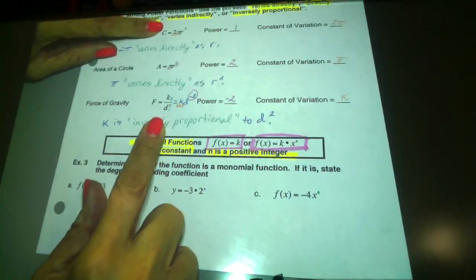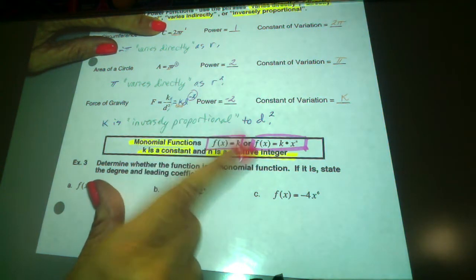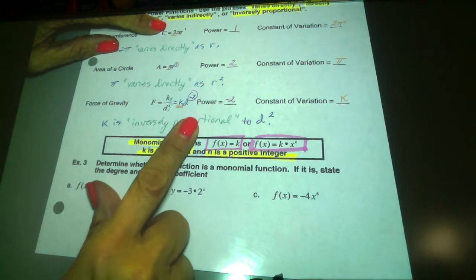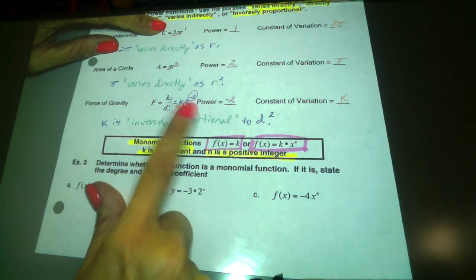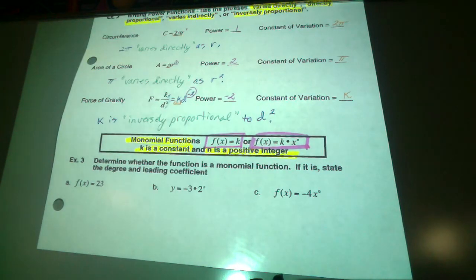These are all power functions. Which of these three would not fall into this category? The force of gravity, because it has that negative exponent. Although this is a power function, it's not considered a monomial function, because with a monomial you cannot have a variable in the denominator. It's not a proper monomial, but yet it's a power function.